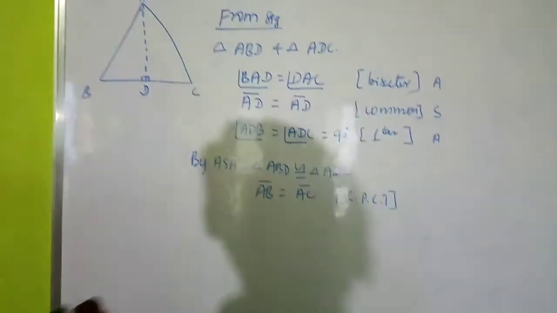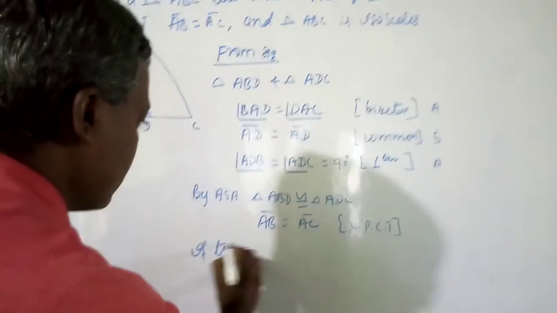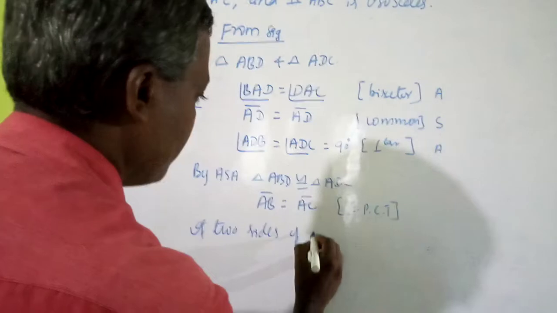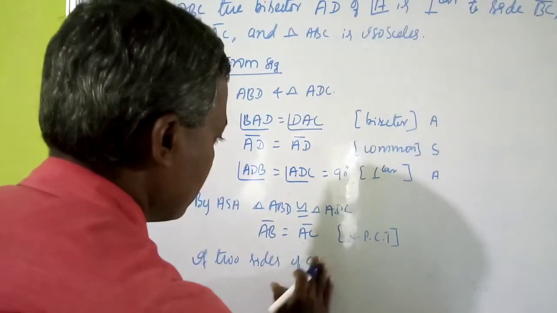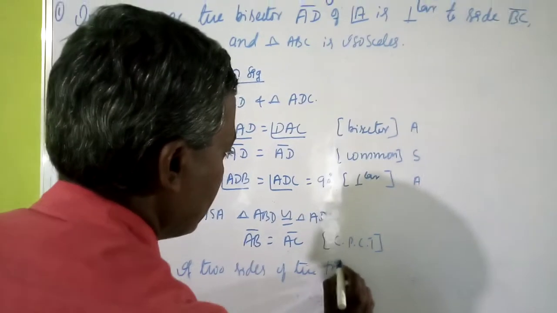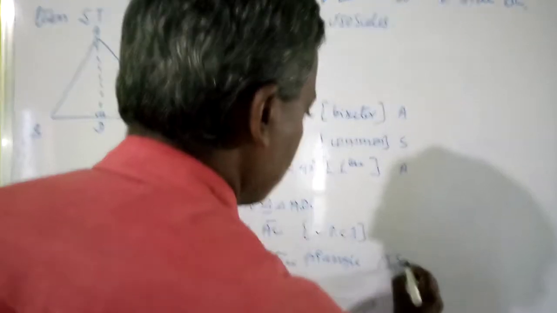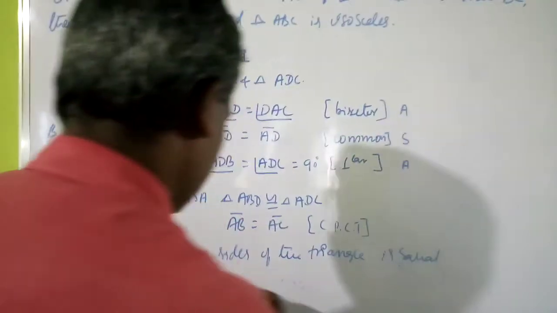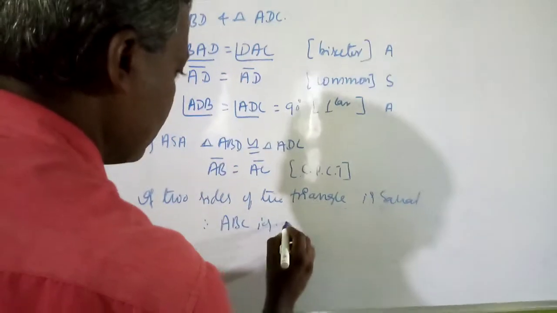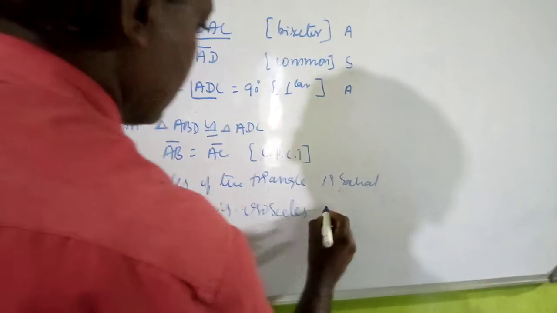Okay. So if two sides of a triangle are equal, then ABC is an isosceles triangle.